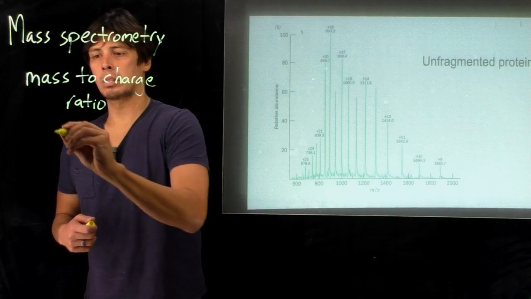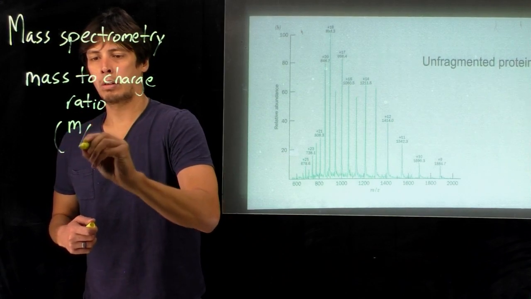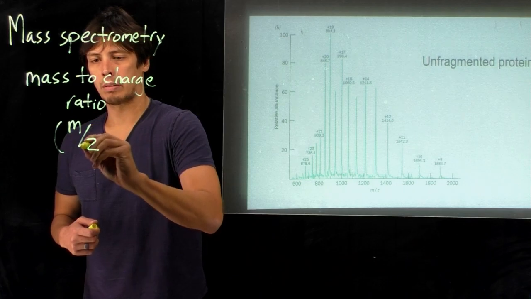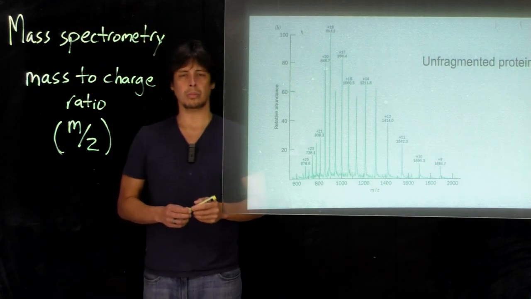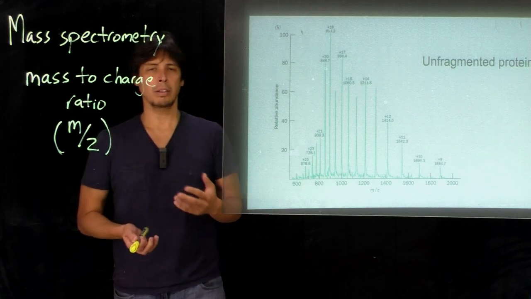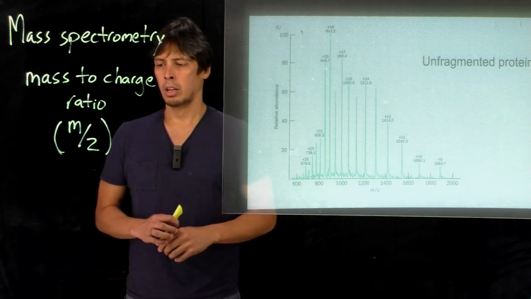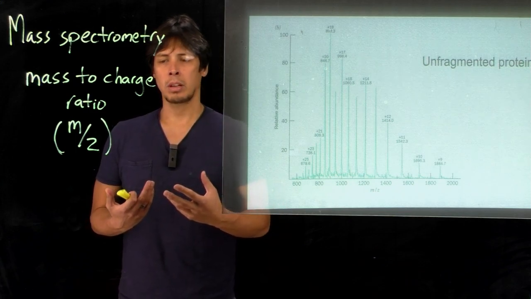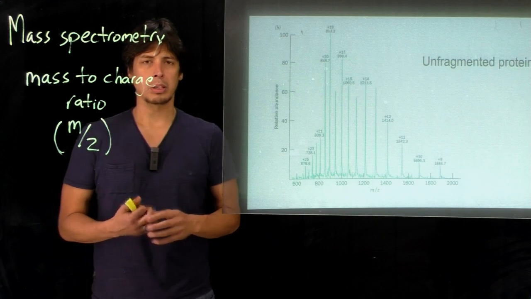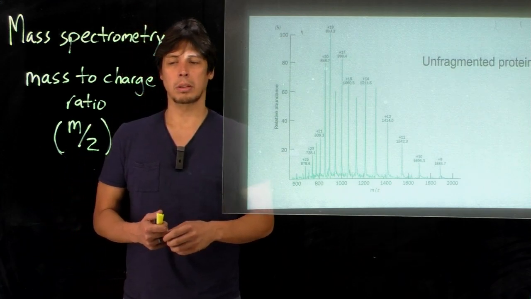This is typically denoted by m over z. When we have a protein, there are a lot of different ionizable residues, and that can cause different charge states. This is also helped by how proteins are introduced into the mass spectrometer.